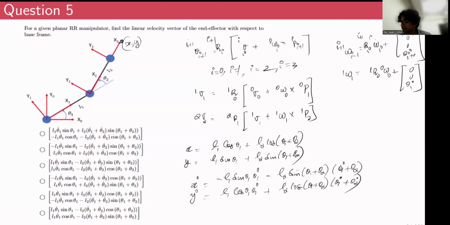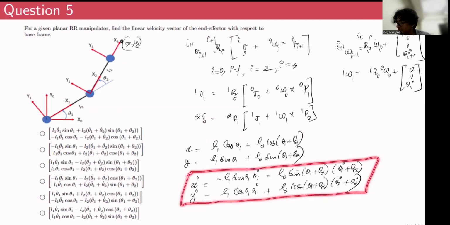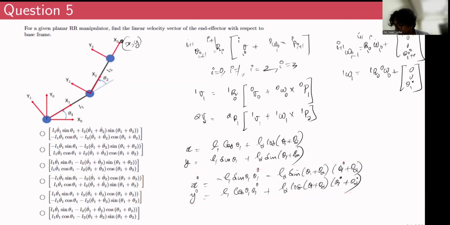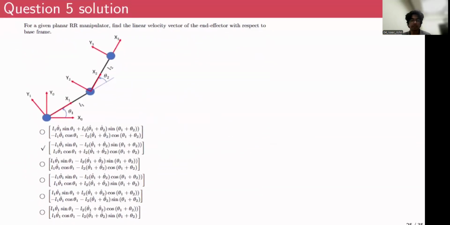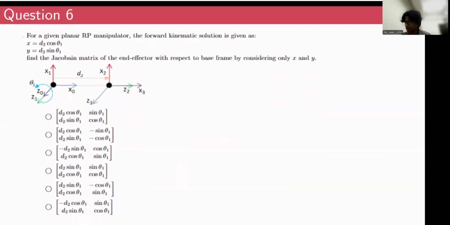So the answer corresponding to these equations, I believe, is option B. The question only asks you to find out the linear velocity vector. I believe option B is the answer.